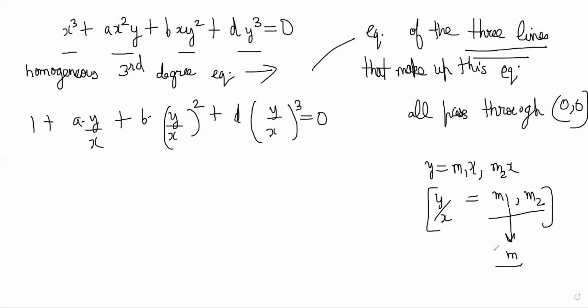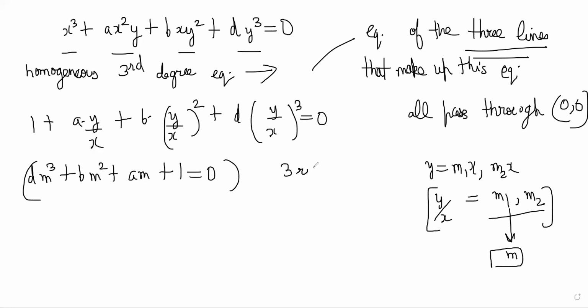So your equation becomes dm cube plus bm square plus am plus 1 is equal to 0, right? Now, this equation can have 3 real roots or 1 real root. It cannot have 2 real roots, because then that will mean the imaginary root is only 1, which is not possible.